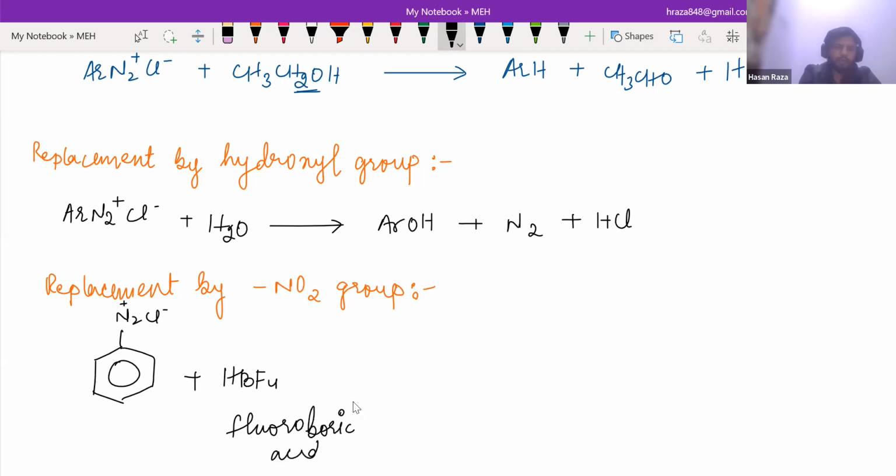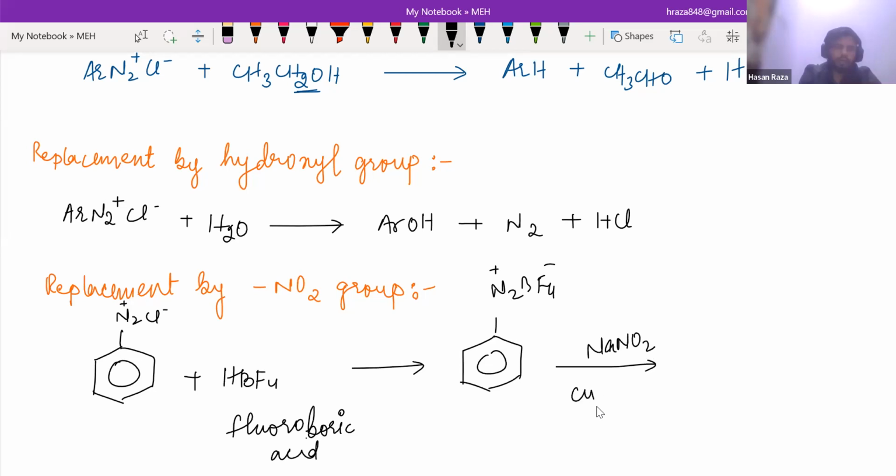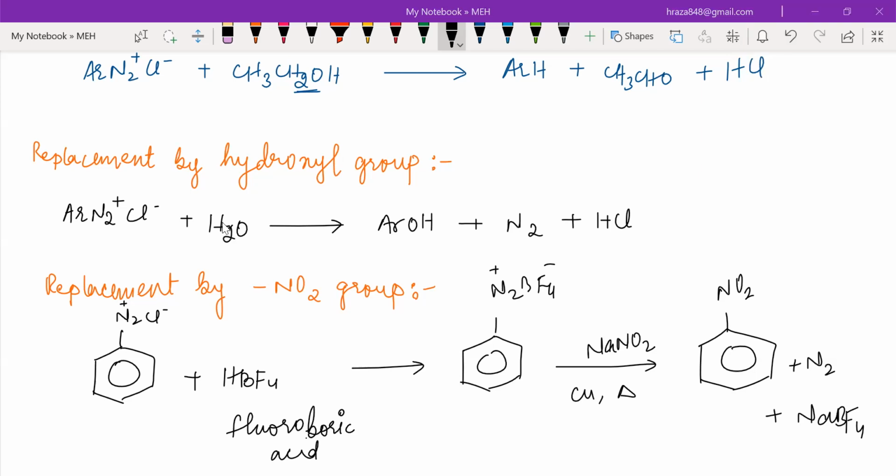Then you will be getting ArN2+BF4-. Then you are going to heat it in the presence of NaNO2 and copper. Then you will be getting nitrobenzene. Please write.